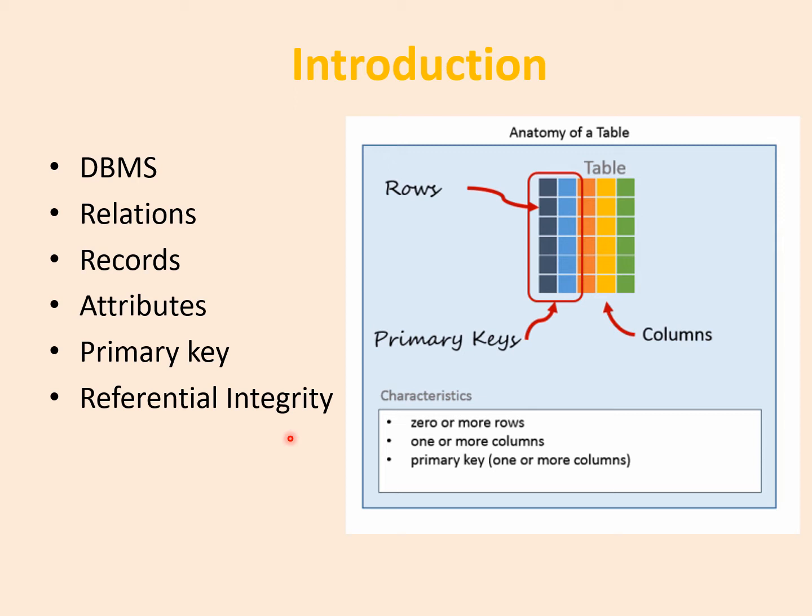Primary key is an attribute which is used to identify uniquely a record from the table. Referential integrity means we have to add a reference from a particular data item in one table to the other. That is, the primary key of one table can be added as the foreign key to another table.